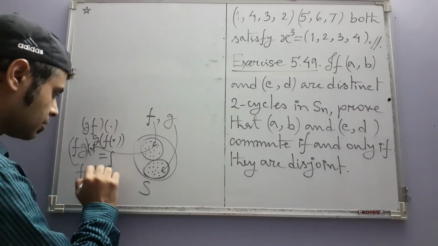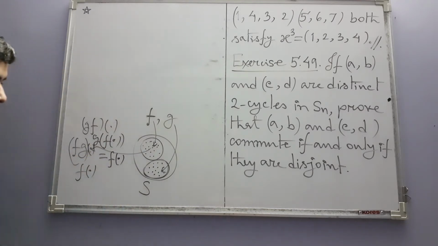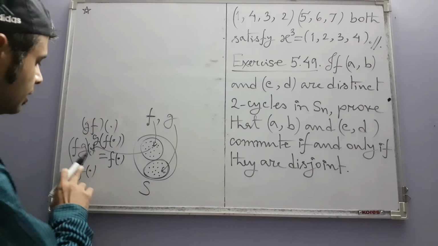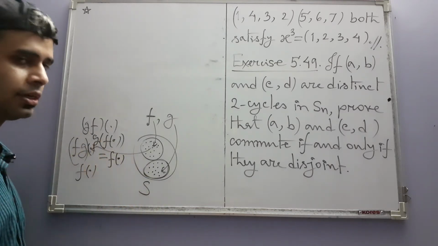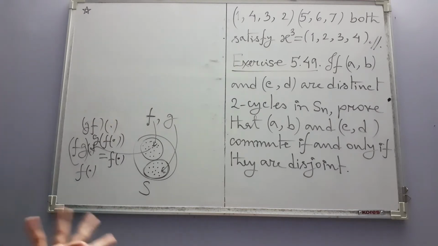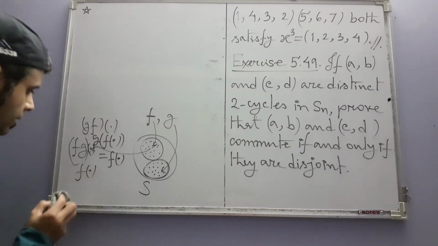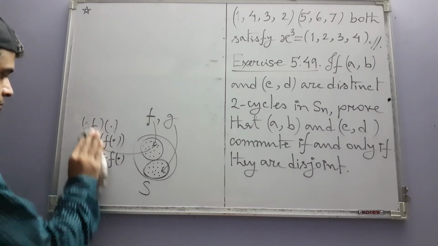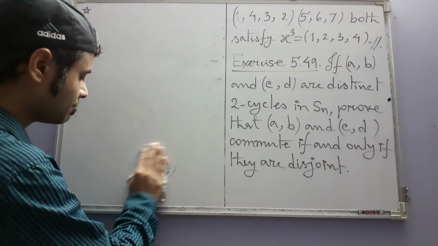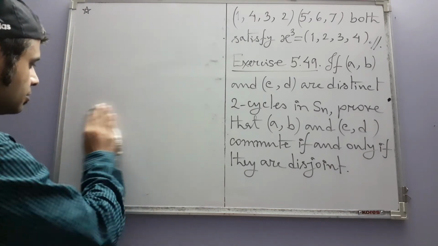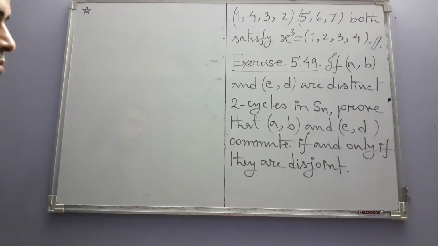So this becomes f of that thing itself. So it does not matter in what order we apply these permutations, and that's why fg and gf are equal. But here we are not going to use this general idea. We won't have to. Because it's a very simple case, we will just use the two cycles themselves.